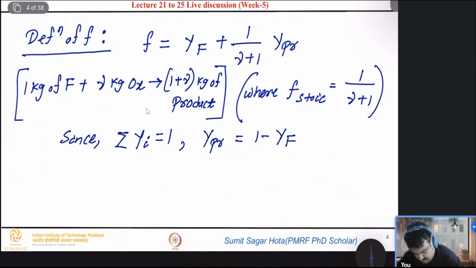Now we can solve the above expression by substituting these values in the above equation of mixture fraction F. F is equal to Y_F plus F_s into (1 minus Y_F).